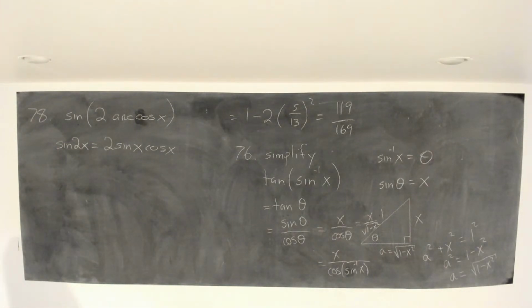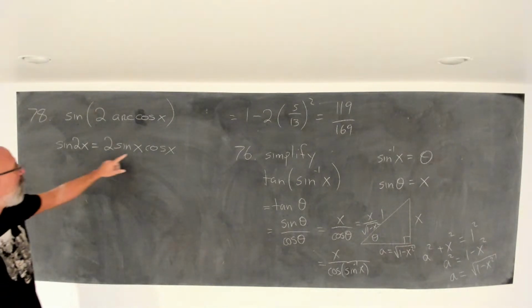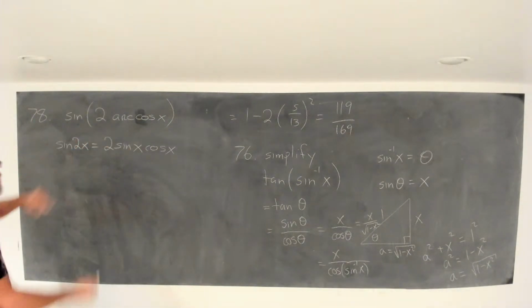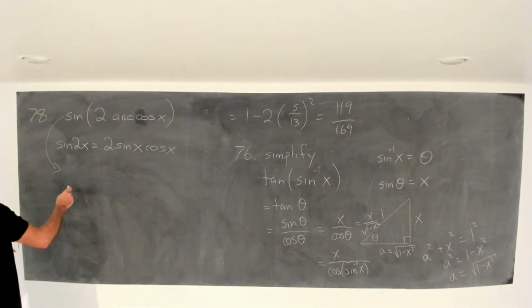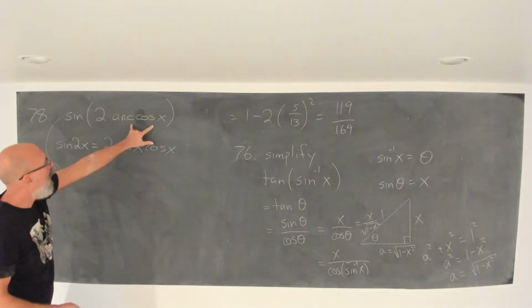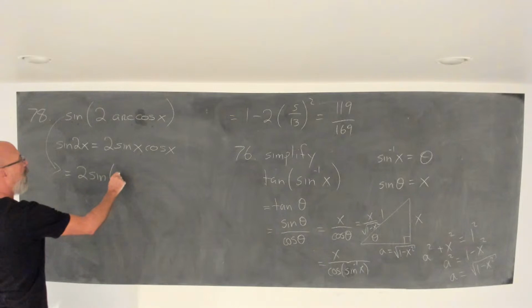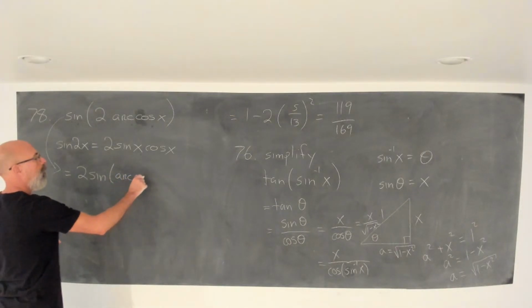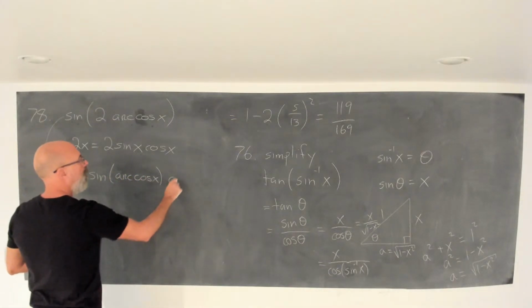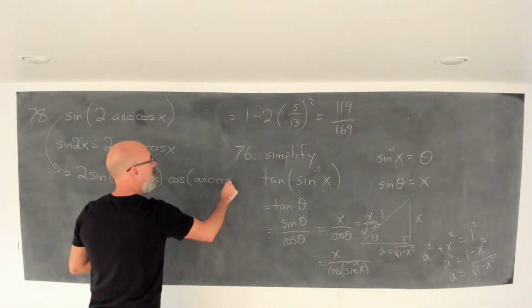Convinced? Sine of 2x is 2 sine x cos x, so let's apply it to this, and you get sine of 2x is 2 sine x cos x.